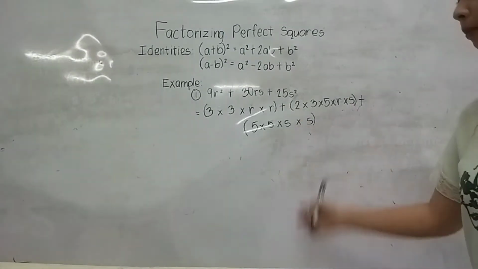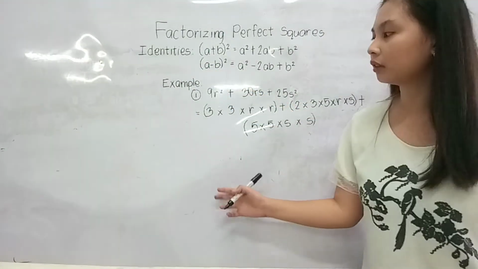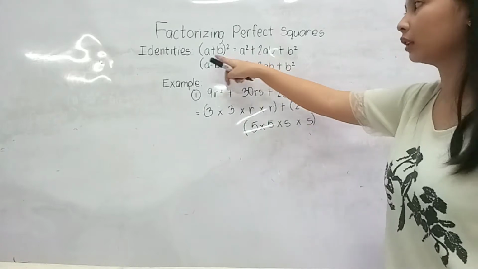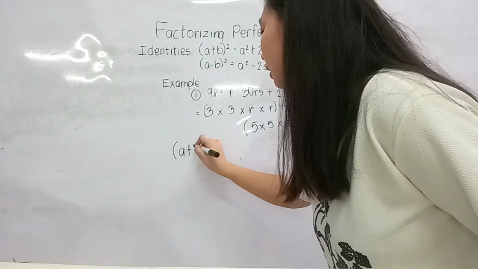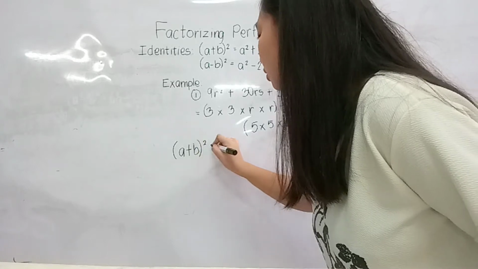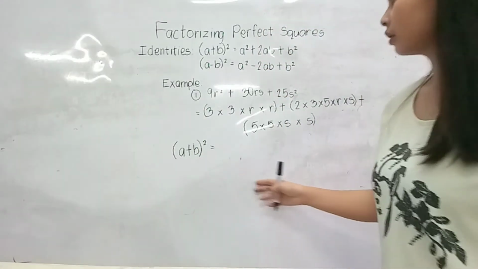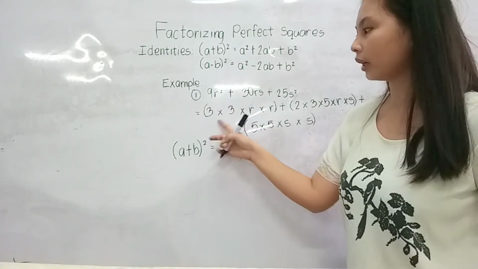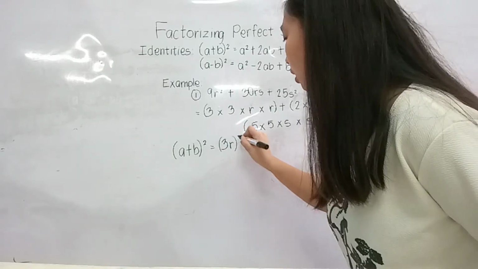Ng each term po. Ngayon, by applying the identity, ang gagamitin natin for this first example is yung ating first identity na (A + B) squared po. Ilista lang natin sila. 9r squared, 3r na lang po siya, quantity squared.